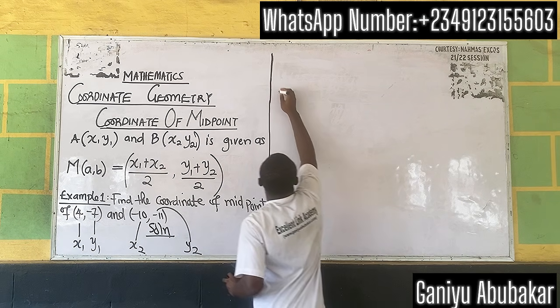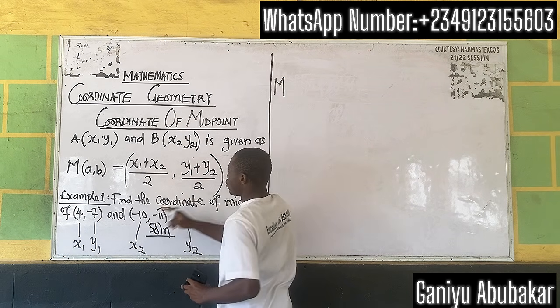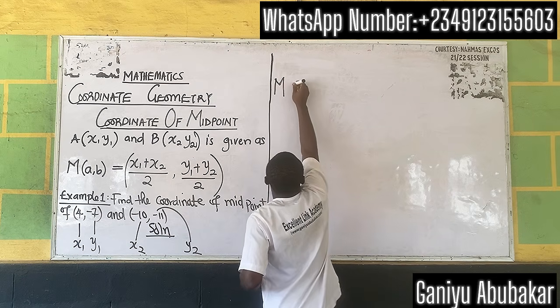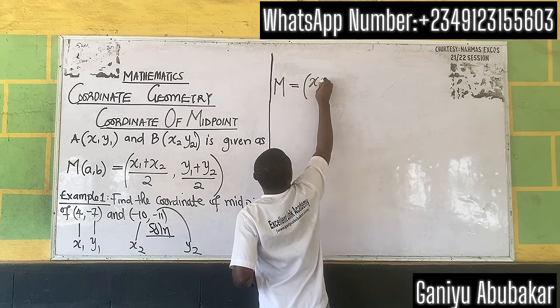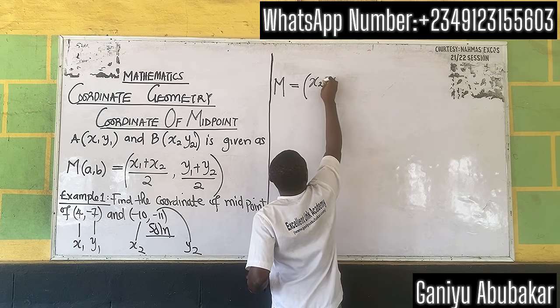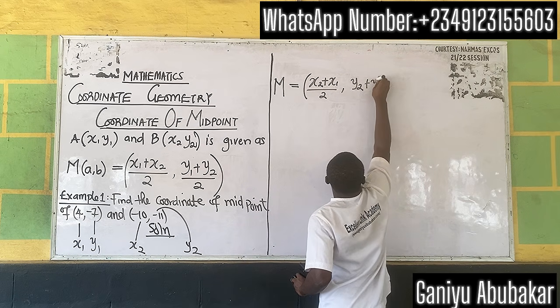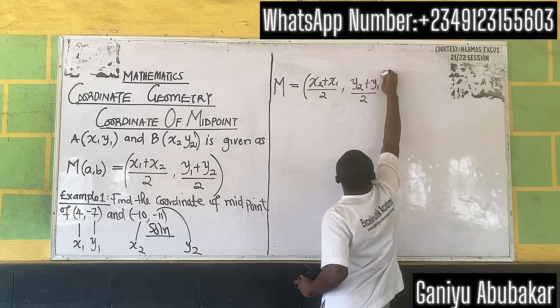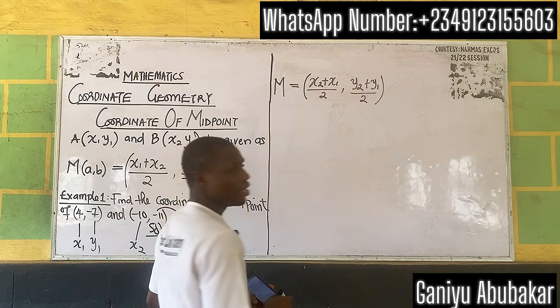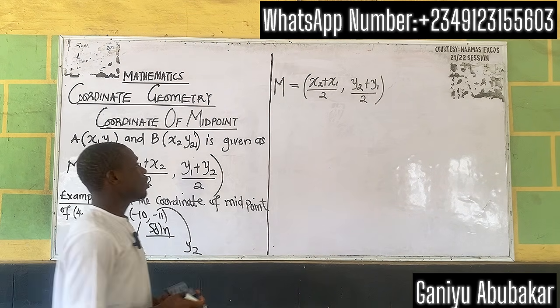So the formula becomes: the midpoint of these two coordinates is equal to x2 plus x1 over 2, then y2 plus y1 over 2. Next task here is to insert your values.